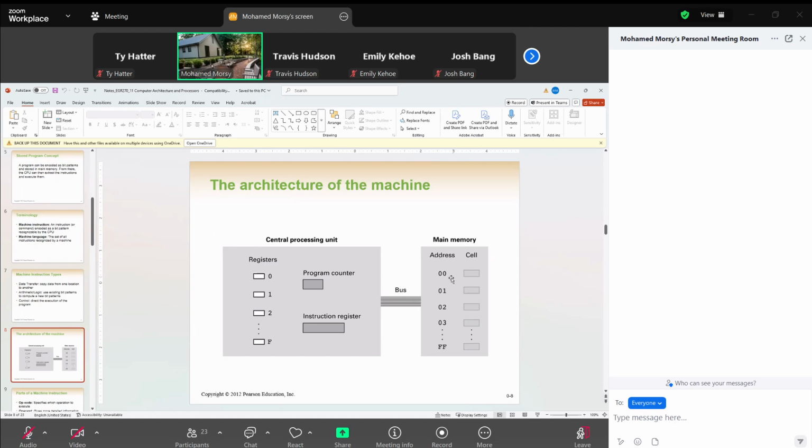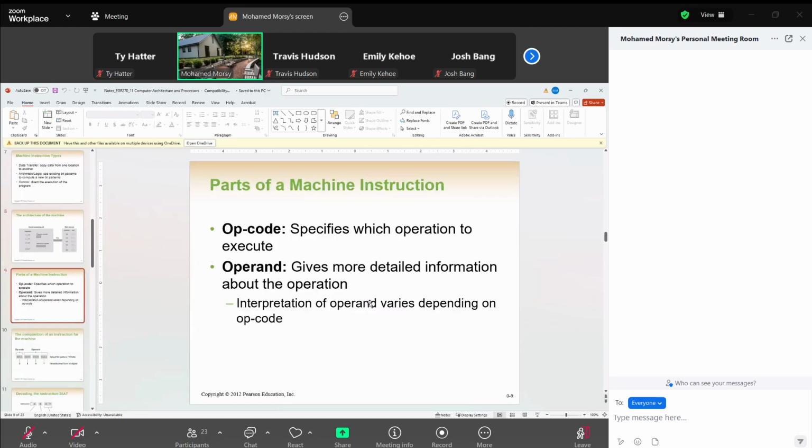We can see the memory address for each cell, and as we see, the address is given in hexadecimal symbols. Each symbol represents 4 bits, so we have 2 symbols for each cell, which means 8 bits. Okay.